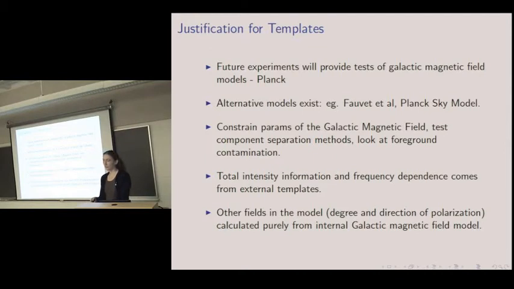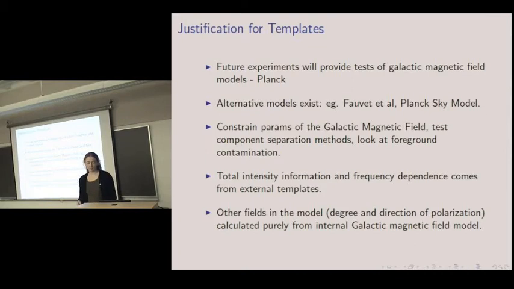We also hope to use these templates to look at foreground contamination in patches being targeted by suborbital experiments. Now, the key features of the model are that we have a purely internal model of polarization degree and direction.